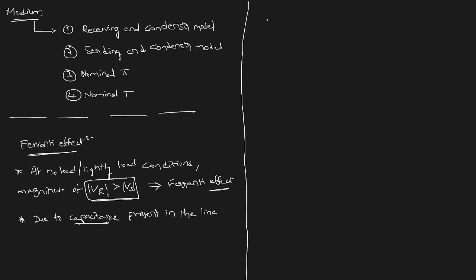Let us see the methods now. First, the receiving end capacitor model. Here we will be seeing R plus jXL. This is common. And here we will be getting a capacitor.